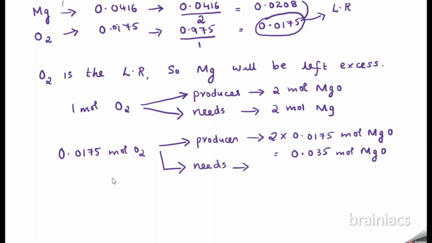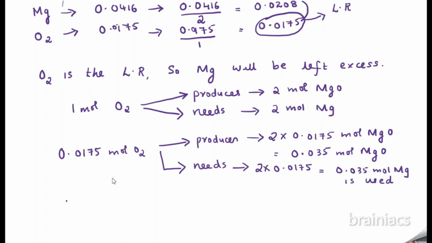So if you need 0.0175 mole O2 means multiply by this number on LHS and RHS. So this will become 2 into 0.0175. So again you will get the same answer, that is 0.035 mole magnesium is used. Correct? Is used.